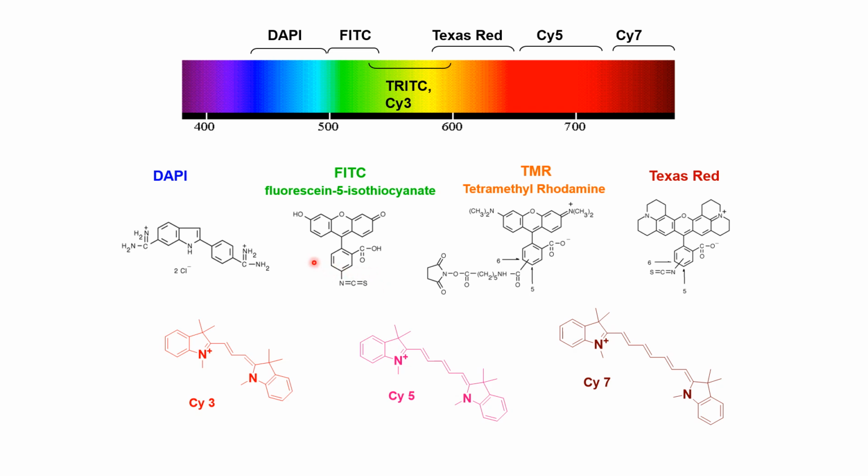And the chemical structure for the fluorescent motif should be fluorescein, but among biologists, FITC is kind of a representative name for the dye and also the filter set of the microscope. Orange color dye is TMR, tetramethylrhodamine, and red color is Texas Red. Both of them are rhodamine structures, but with more ring structures. Texas Red is near 600 nanometer wavelengths.